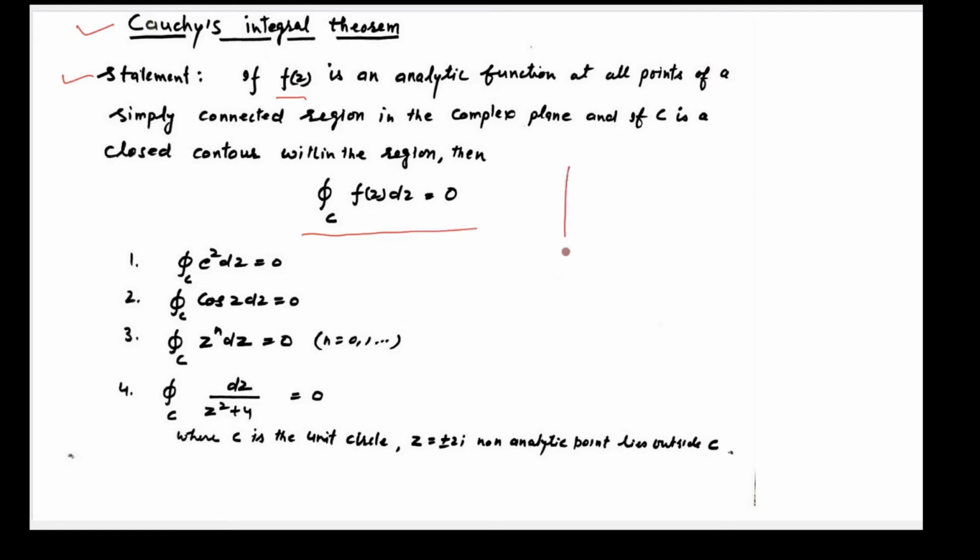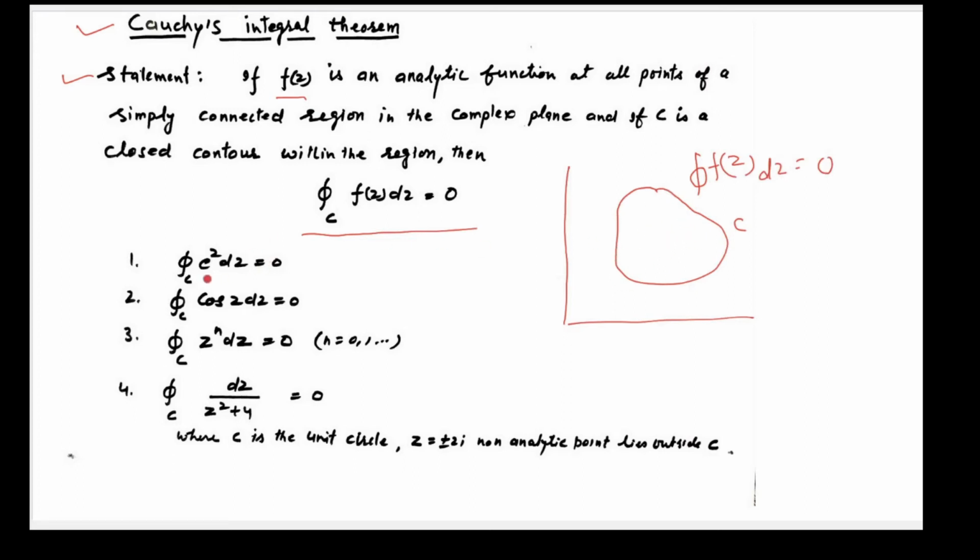Suppose here we have a complex plane and a closed contour like this. If f(z) is any analytic function, its integration along this closed contour will be equal to 0 if the function is analytic for all the points within this contour.